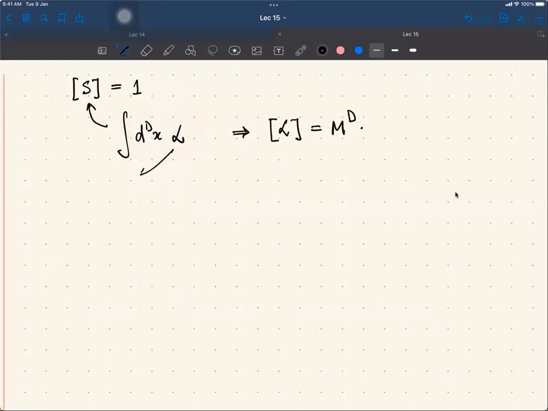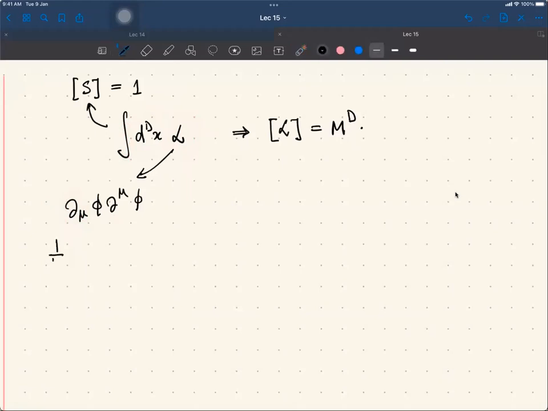Now the Lagrangian has a kinetic term, which is del mu phi squared, and del mu is a derivative. The dimension of the derivative is 1 over L, length inverse. So this is L to the power minus 2 because of the two derivatives, and so let's calculate the dimension of phi squared.